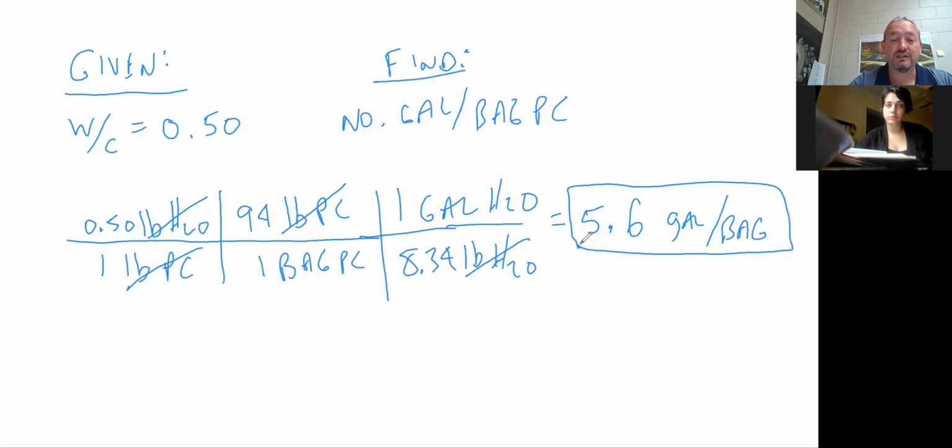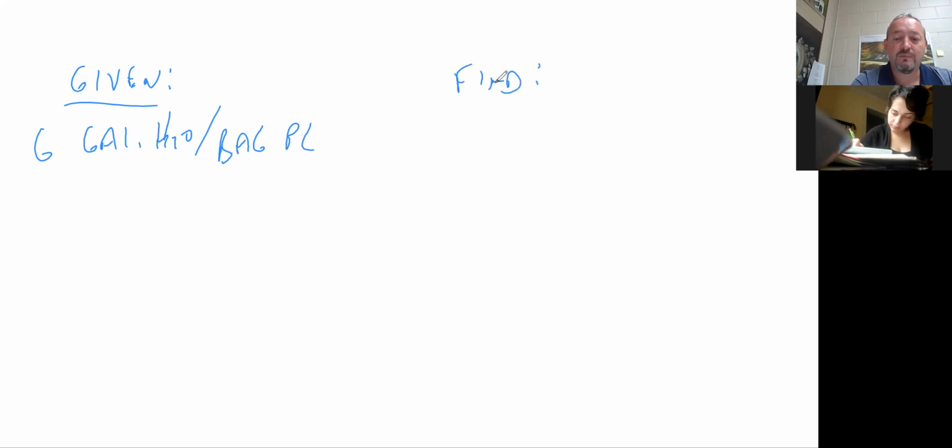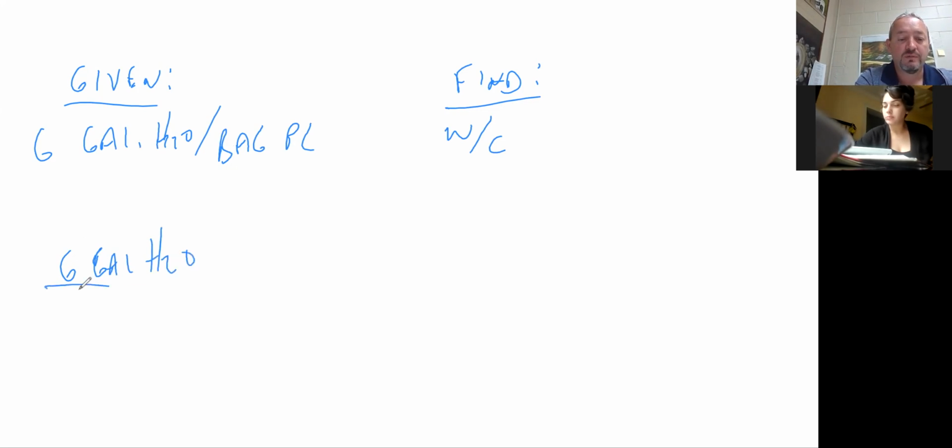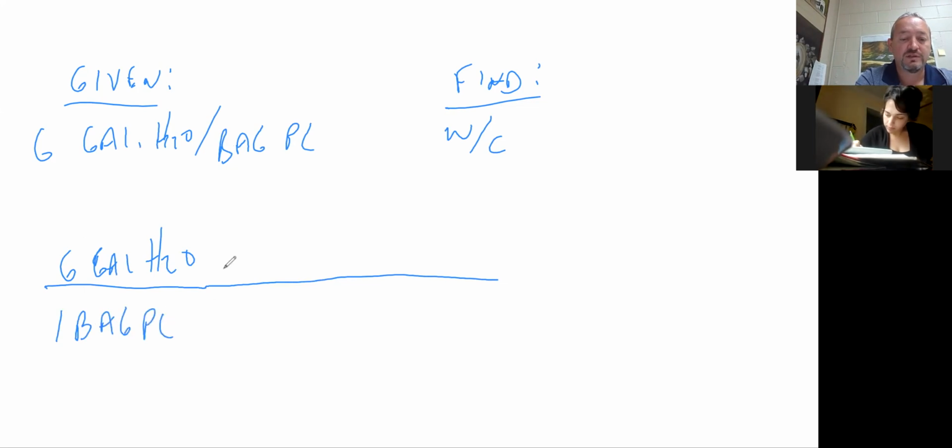Now let's do one just the opposite, and you'll see it just flips over. Given 6 gallons of water per bag of Portland cement, find the water cement ratio. So we'll do this in just the opposite way. 6 gallons of water per 1 bag of Portland cement.